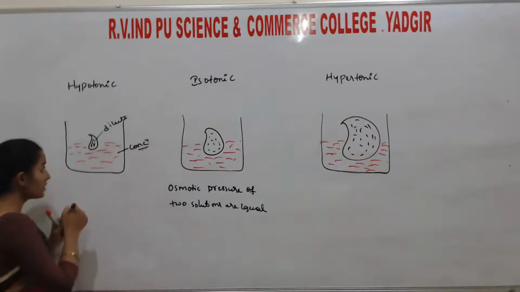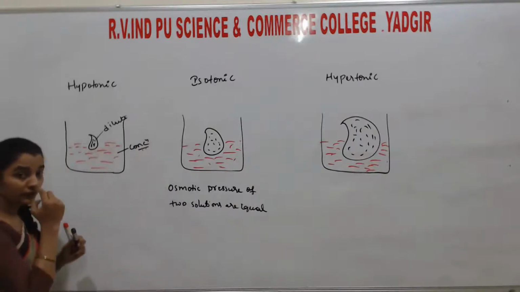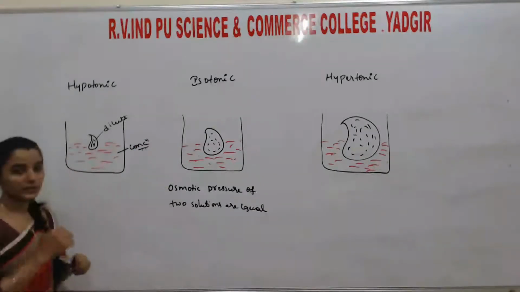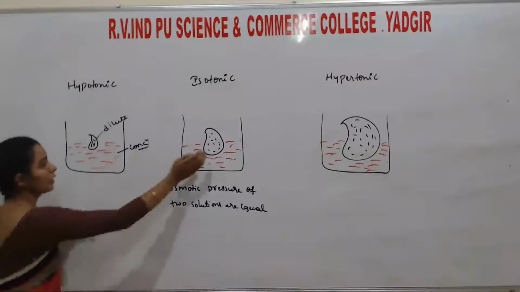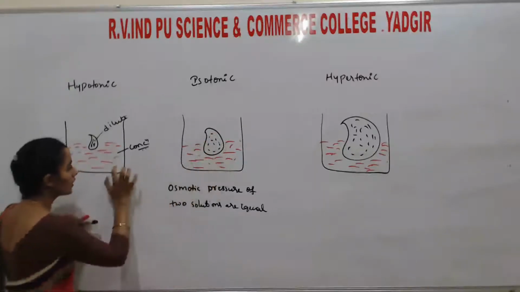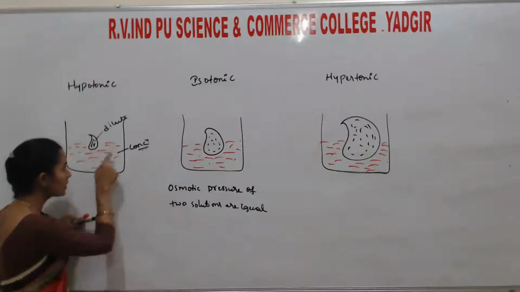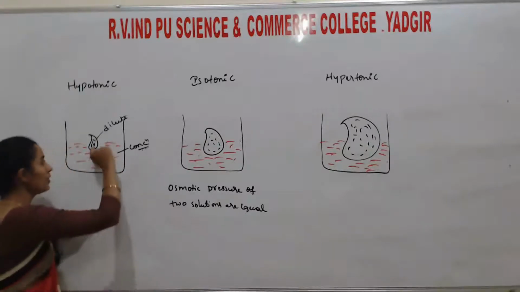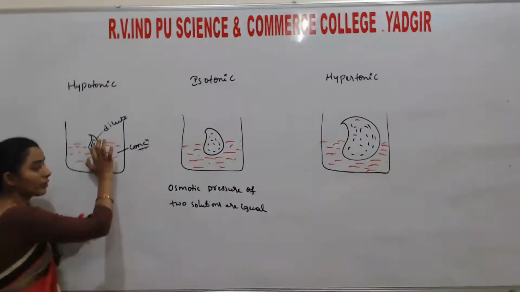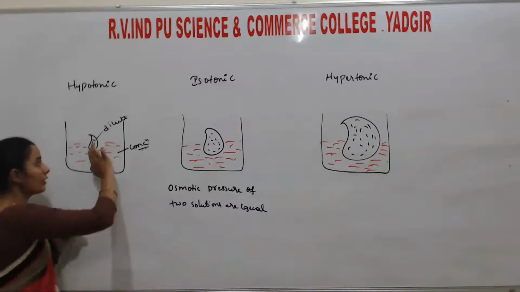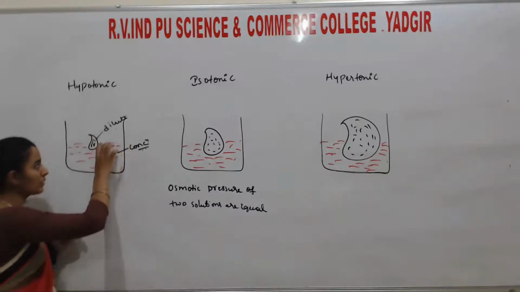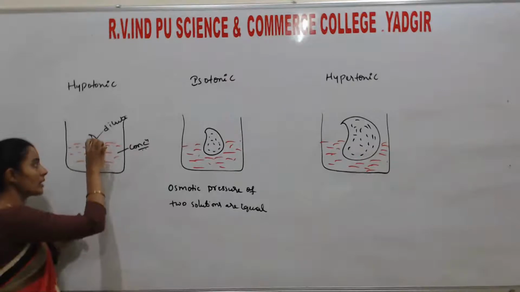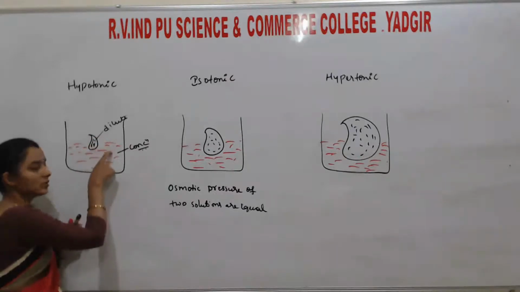Solvent transfers from the dilute solution to the concentrated solution. So as I told you, if the concentration of this solution increases, then the solvent molecules transfer out of the cell. This is a semi-permeable membrane. Solvent transfers from this to this.